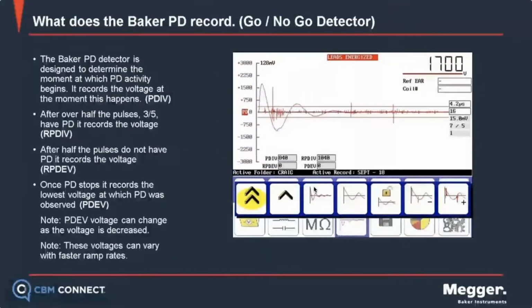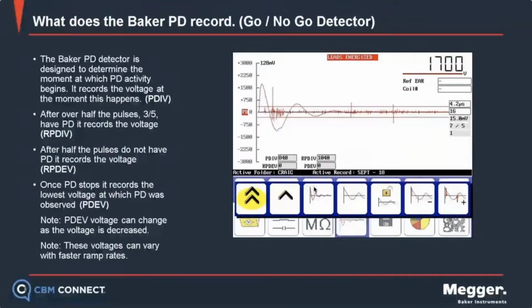Okay, so the MEGGER PD detector determines the moment at which PD activity begins and records that voltage, what we call partial discharge inception voltage, the voltage at which we have the right number of events exceeding that threshold. So it's really a go, no go detector, right? Do we have PD or do we not have PD?